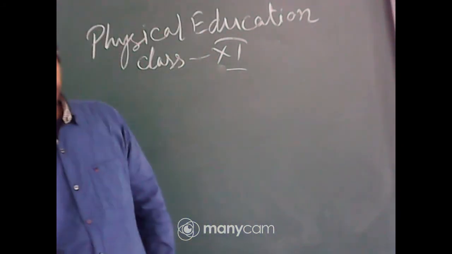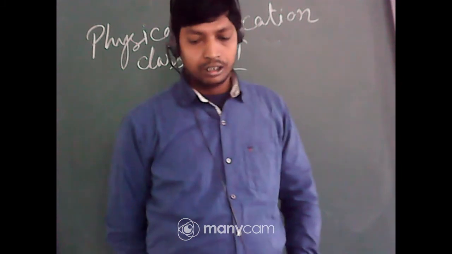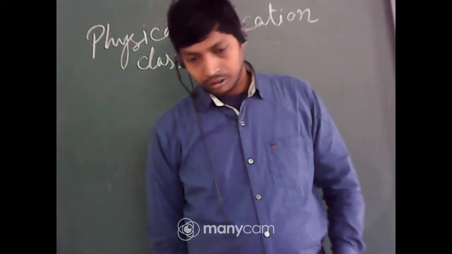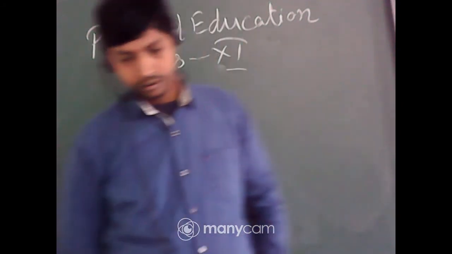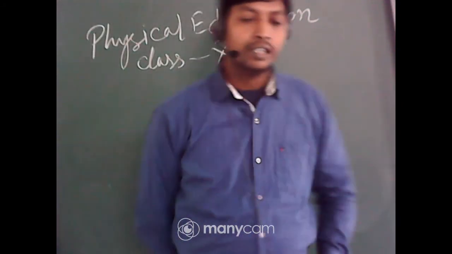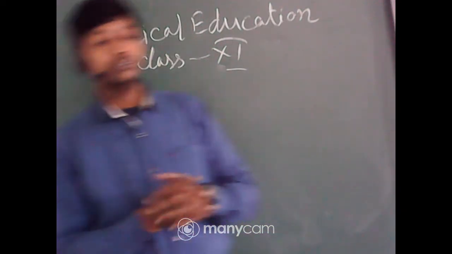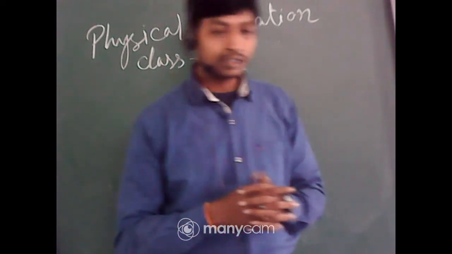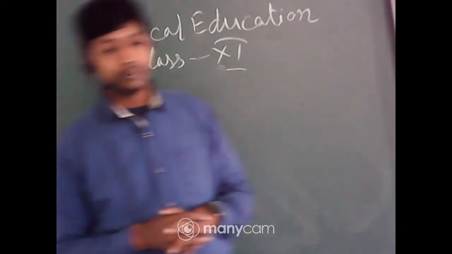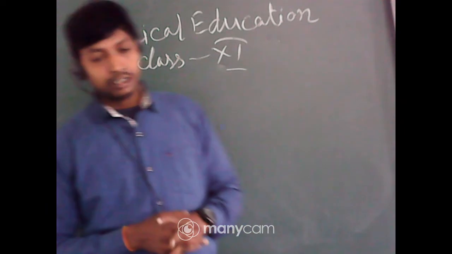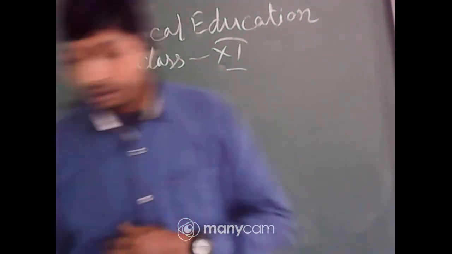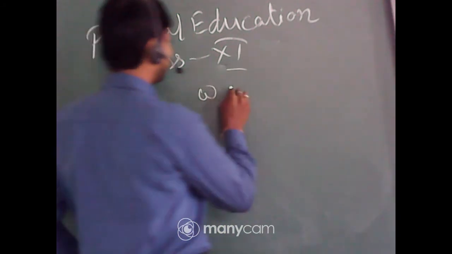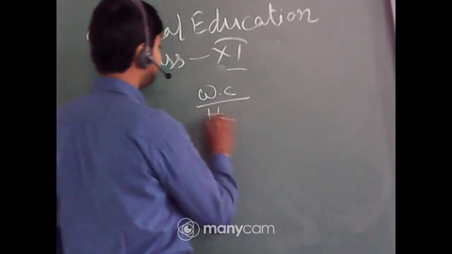In the waist hip ratio, first we measure two portions, that is waist circumference and hip circumference, because the waist hip ratio is calculated by waist circumference divided by hip circumference.